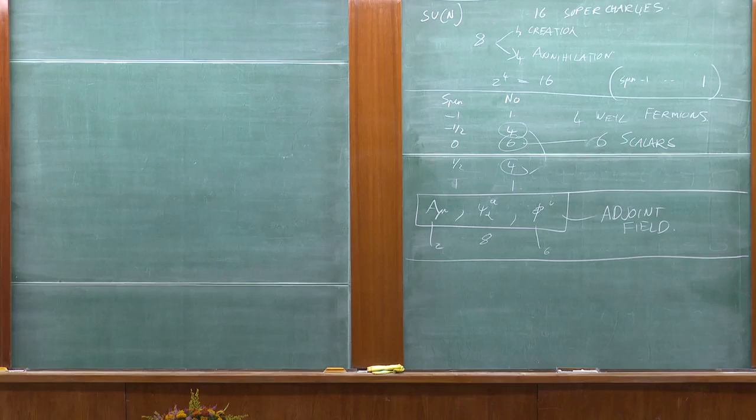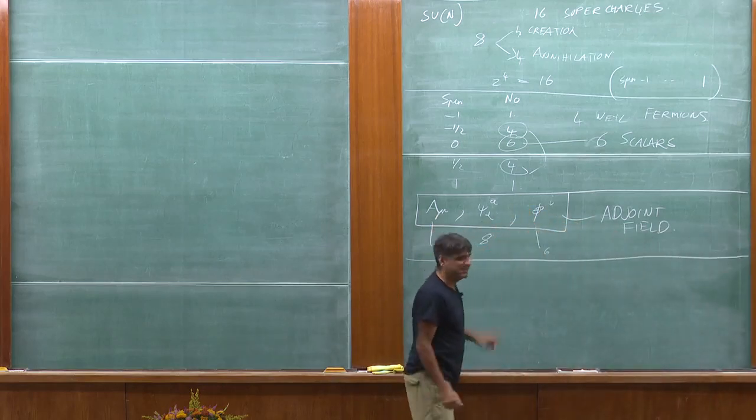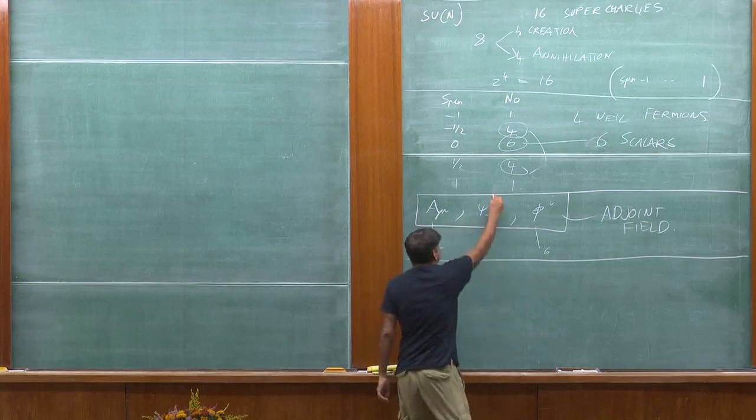Okay. Now, let's look at these indices. These indices are very clear, right? This is a vector index in space-time. This is a spinor index in space-time. What about these indices?